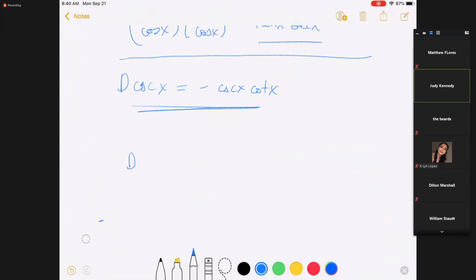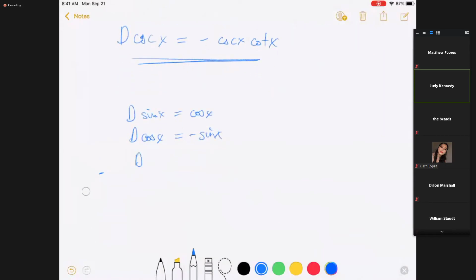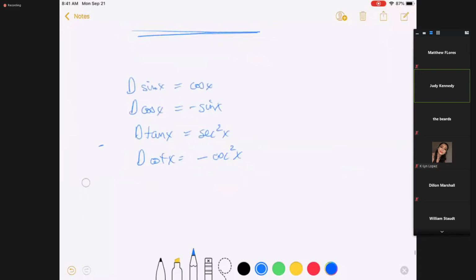The derivative of the sine of x is the cosine of x. The derivative of the cosine of x is minus the sine of x. You're going to want to remember these. The derivative of the tangent of x is the secant squared of x. The derivative of the cotangent of x is minus the cosecant squared of x.